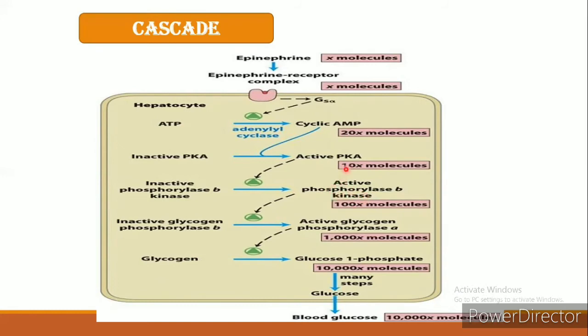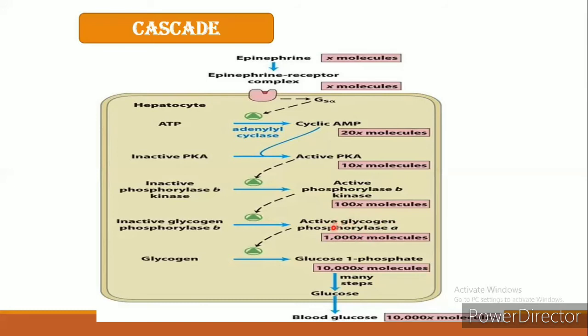Got it? Then each of those molecules catalyzes the activation of 100 molecules of glycogen phosphorylase A.